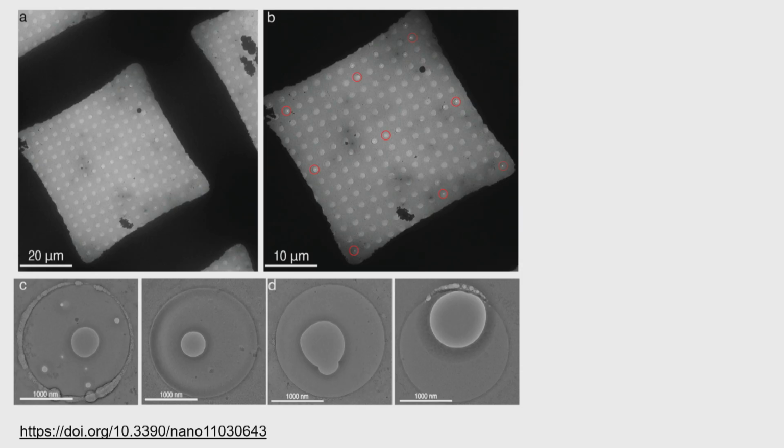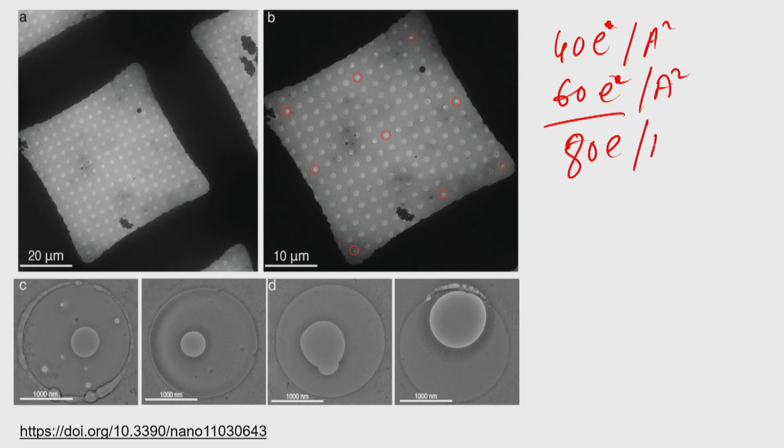If you just consider that, generally we are using 40 electrons total per angstrom square for an 8-second exposure. Sometimes we go to 60 electrons per angstrom square, or 80 electrons per angstrom square.